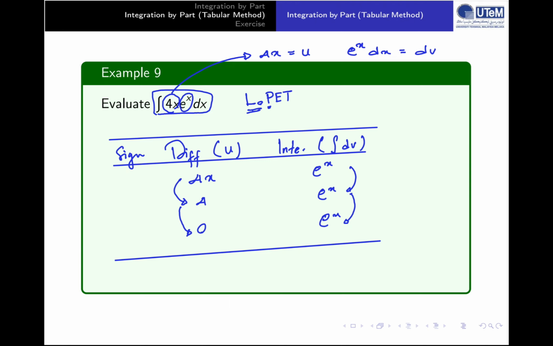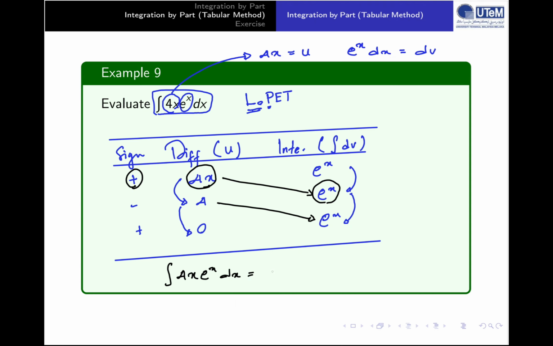Okay, and then here, what is your sign? First, we start with plus. Second, we start with negative. And then third one, we start with plus. Okay, now look at the arrow. Here you must times, and this one you must times here. Okay, so the solution of your integration of 4x e^x dx equal to 4x times by e^x, and then it is plus.